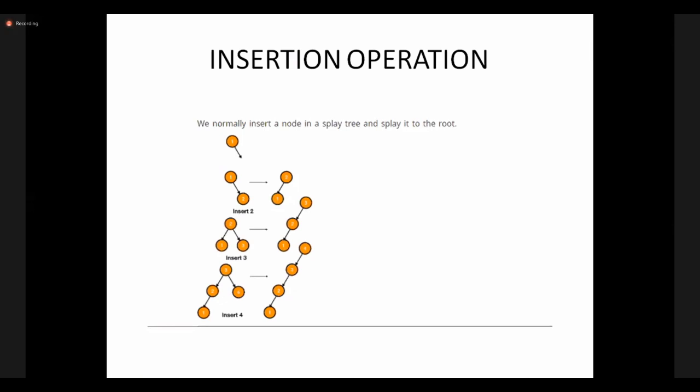One by one I am saying. The output may be a skewed BST, but we are not bothered about the output. We are bothered about storing the recently accessed items in the topmost positions.